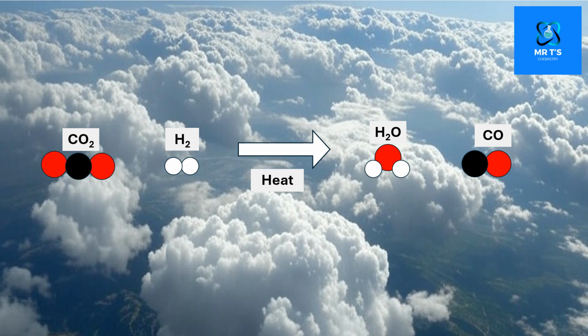This is carried out using a catalyst like copper or nickel and some heat of around 300 to 600 degrees Celsius. The carbon monoxide produced is a lot more reactive than the carbon dioxide, making it a perfect stepping stone for building hydrocarbons.